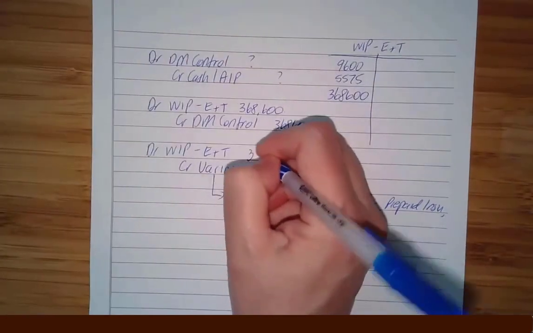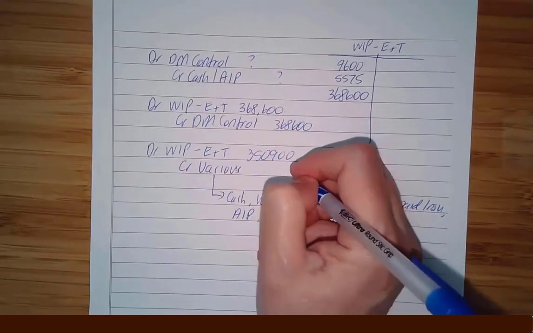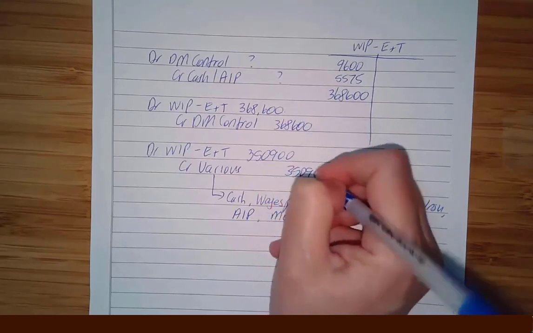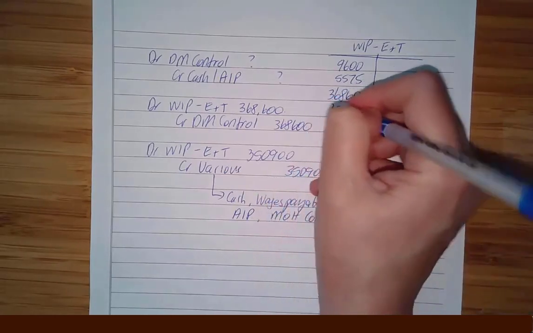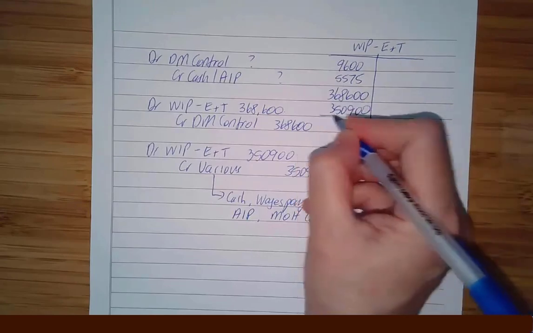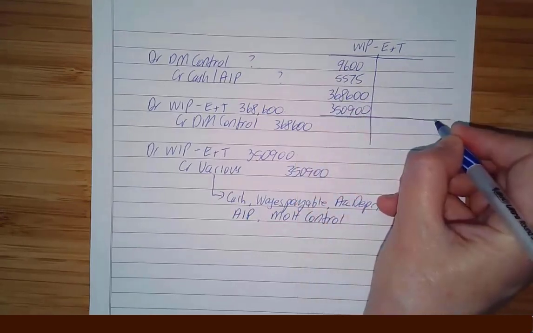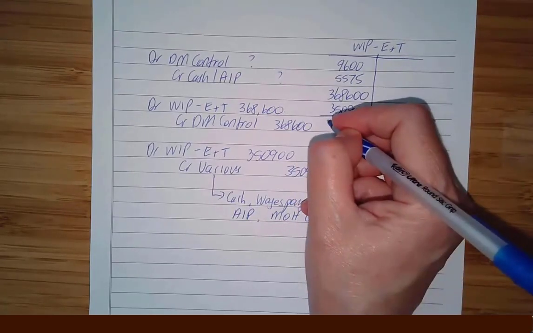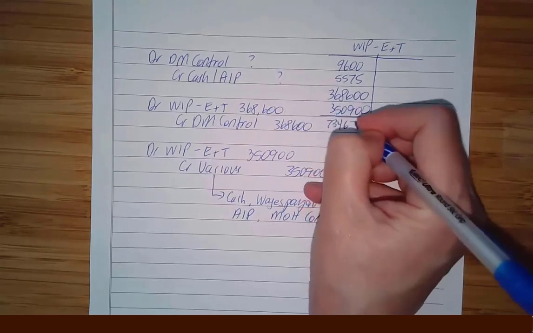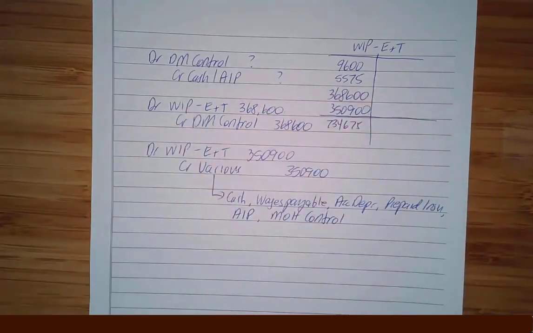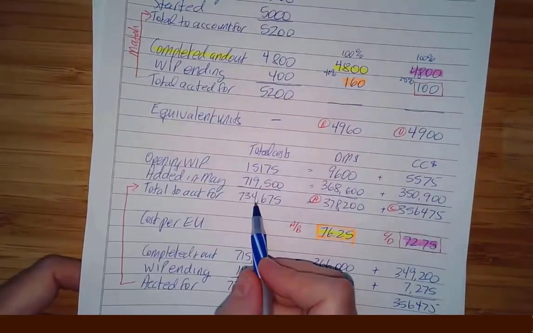We know that from the information. It was 350,900. If I add this all up together, we already know what this is going to equal. It's going to equal 734,675, which is, of course, the total amount of costs that I have to account for.